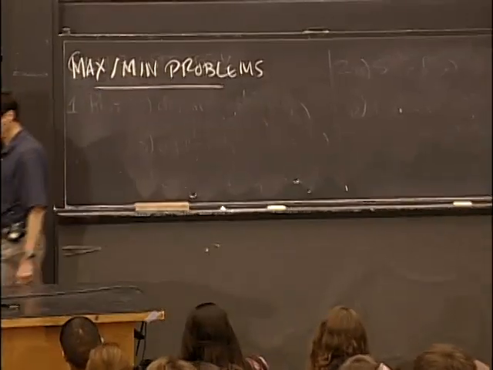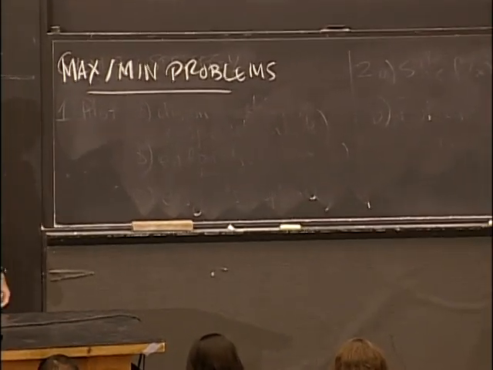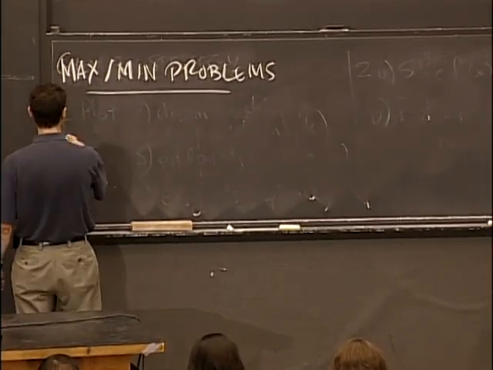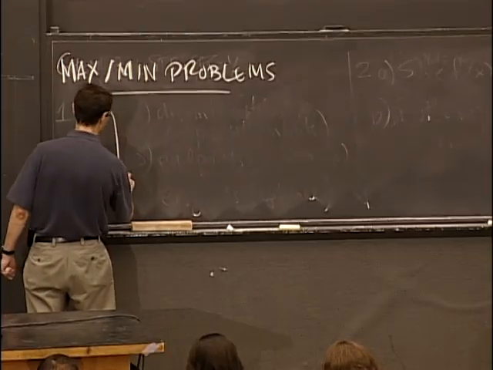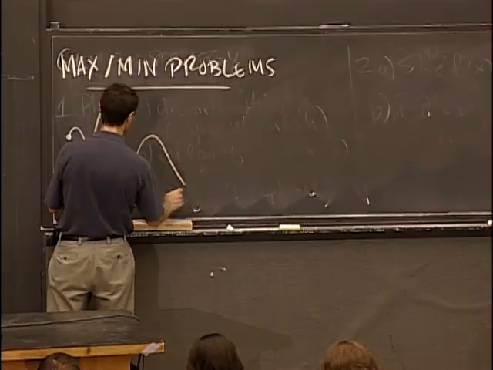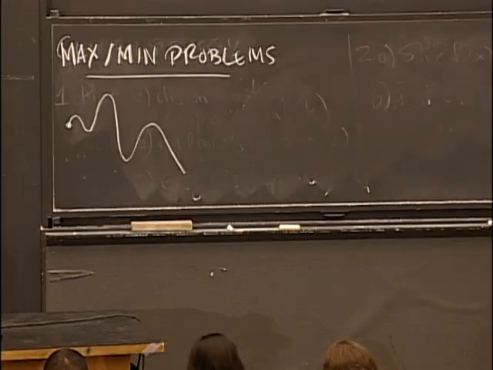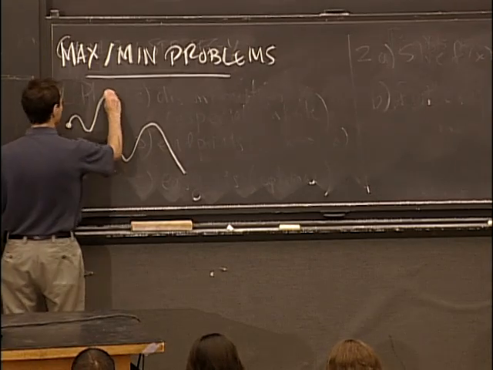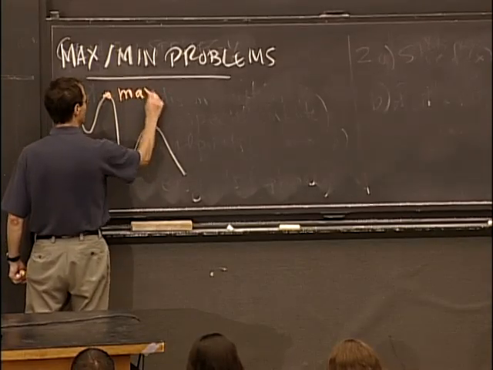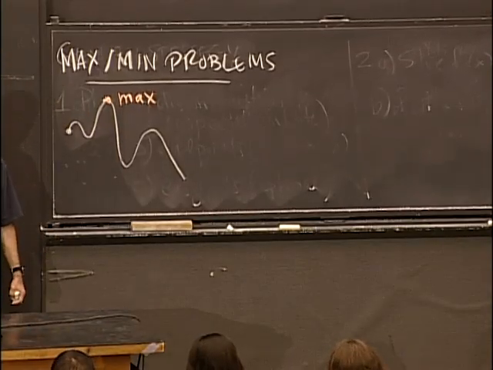Maximum and minimum problems can be described graphically in the following way. Suppose you have a function. All right, here it is. Okay? Now, find the maximum. All right? Aha. And find the minimum.